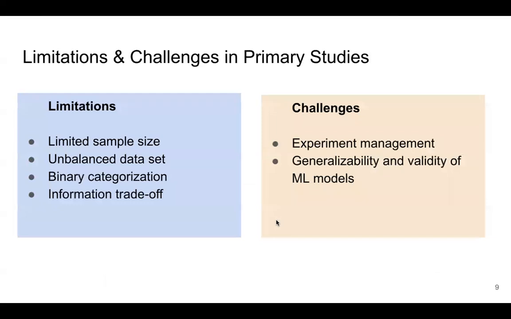We also extracted limitations and challenges from these studies. Both limitations and challenges are ranked by the number of papers that have mentioned them. The first prominent limitation is the limited sample size.